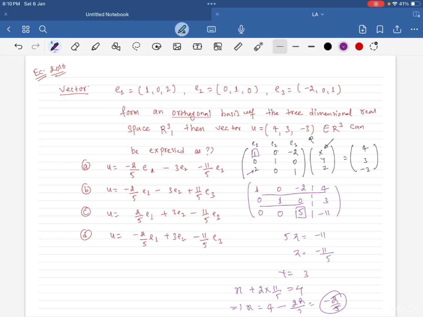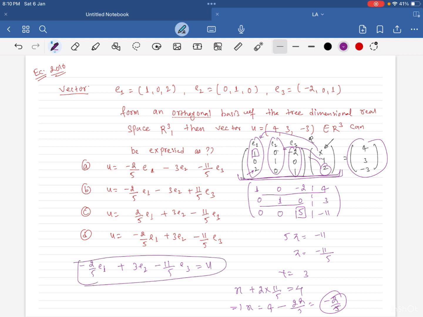So overall point is that now you can write this as a linear combination of these columns. What does it mean? That you can take minus 2 by 5 times of e1 and plus 3 times of e2 and minus 11 by 5 times of this e3, and that will give you this vector u.